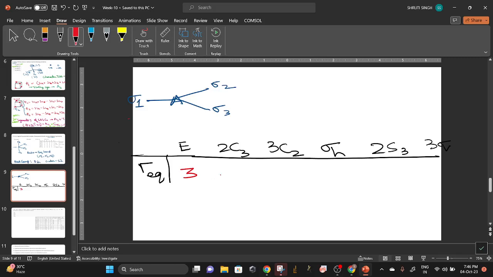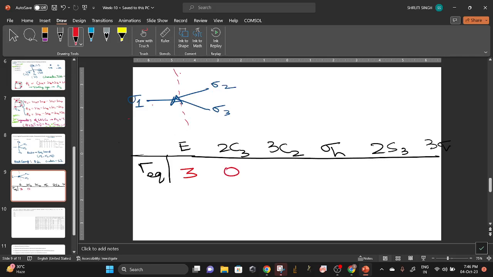So it is not a linear combination. Now under E it is 3. When we apply C3, all three will change places, so the number of unshifted atoms is 0.